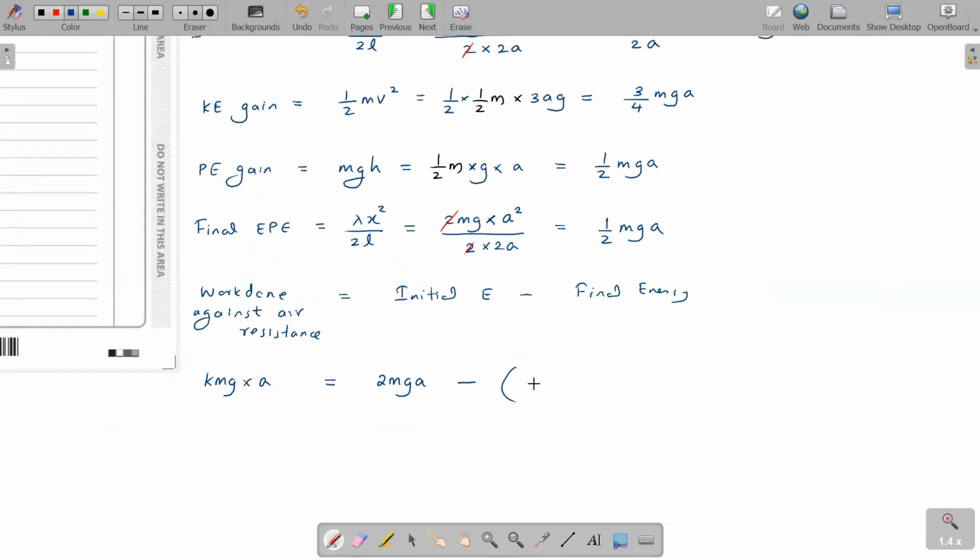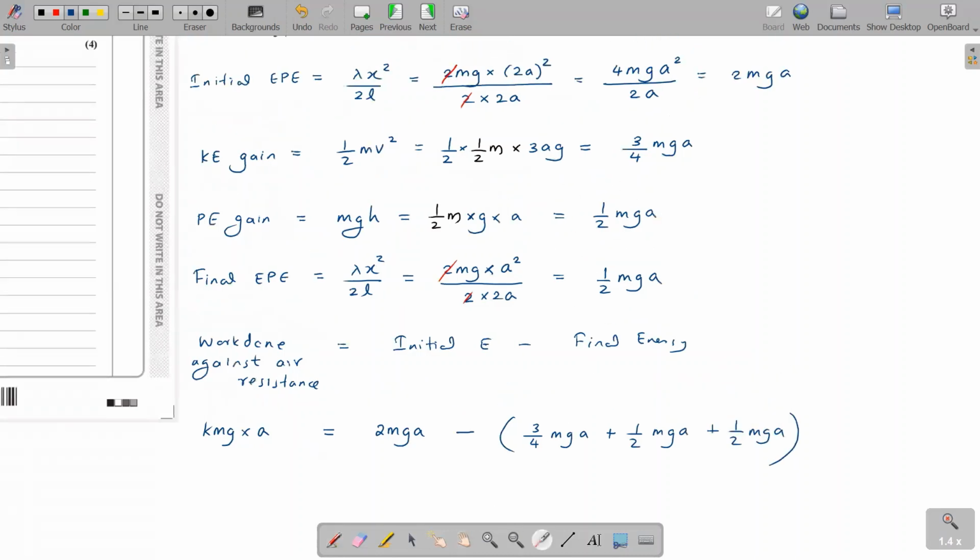So it's the kinetic energy 3 over 4 mga, plus half mga, plus the final elastic potential energy, half mga. Can you see the values used here? Kinetic energy, potential energy, final EPE. All three values are the final energy.